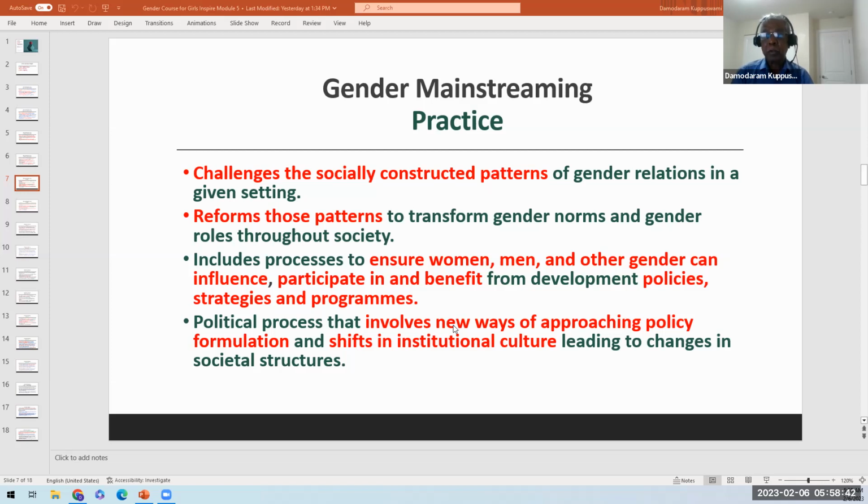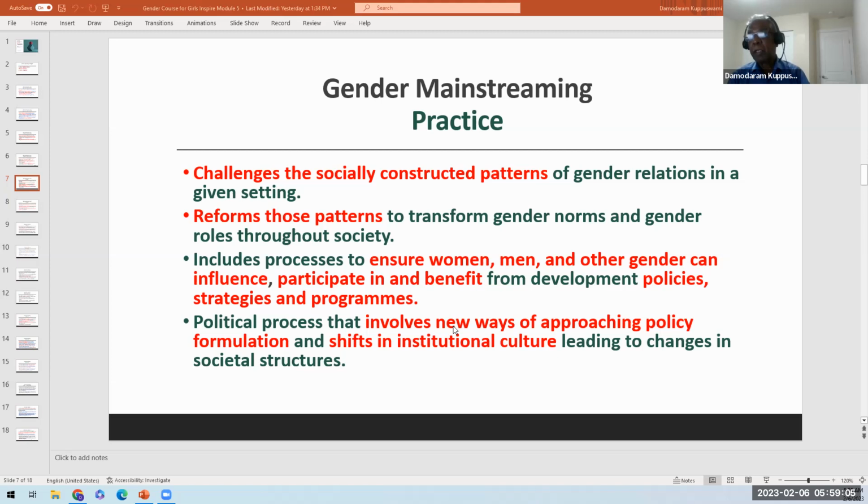So one is in terms of understanding, challenging, and transforming those patterns in terms of norms and rules throughout society.